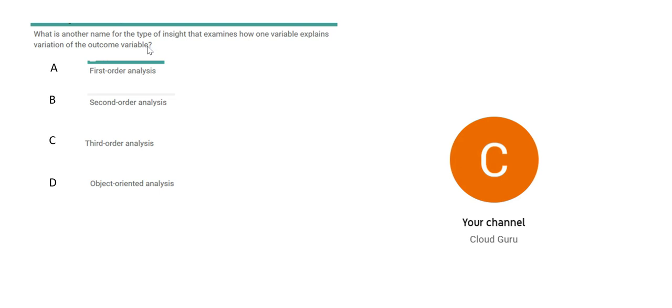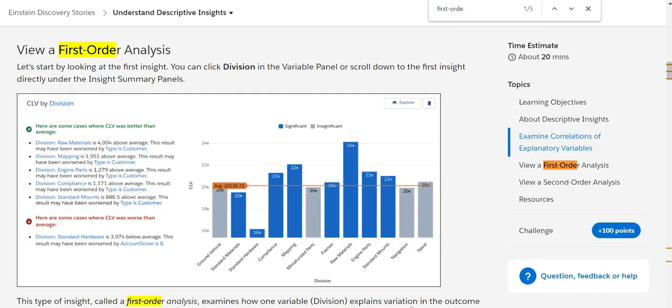So when we do that, this is ideally a concept of first order analysis. If you see this documentation here, this is a first order analysis, and here it says this is the type of insight that examines how one variable, division, explains the variation in the outcome variable, CLV.